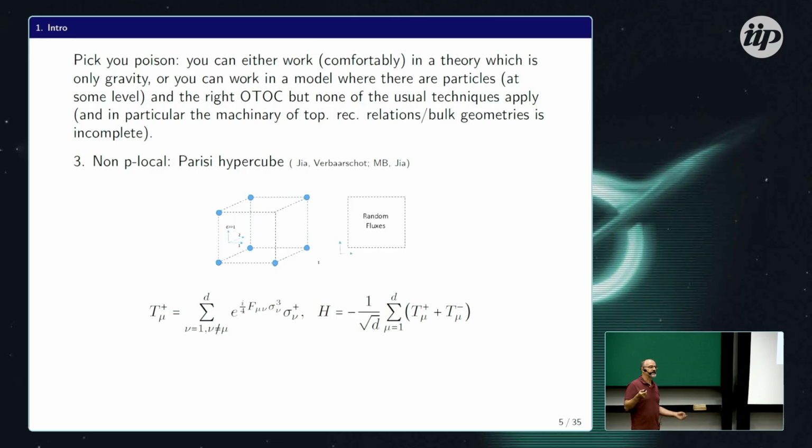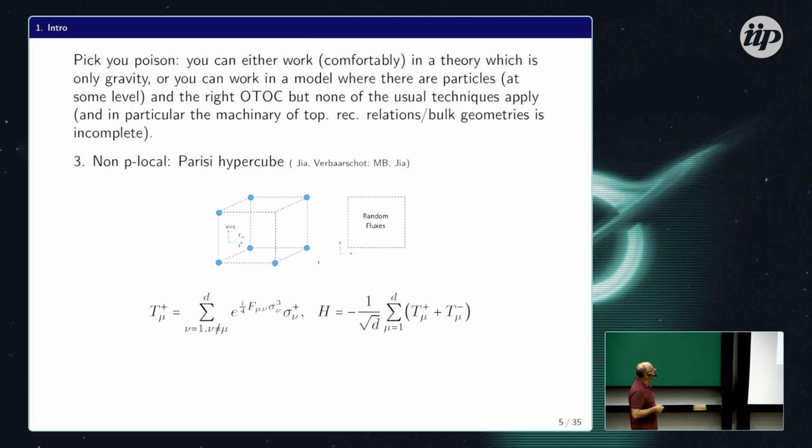In particular, if you ask about corrections to, say, multi-boundary configurations, then the usual machinery of topological recursion relations and bulk geometry doesn't really work. So there's a reason why we want to stick with SYK as it is and not go to the SSS-type limit.